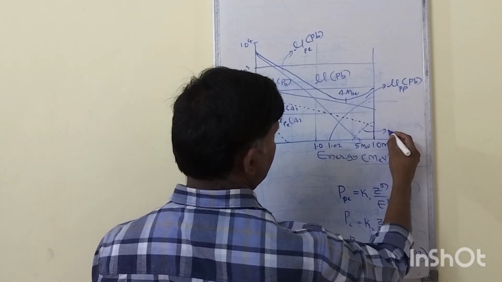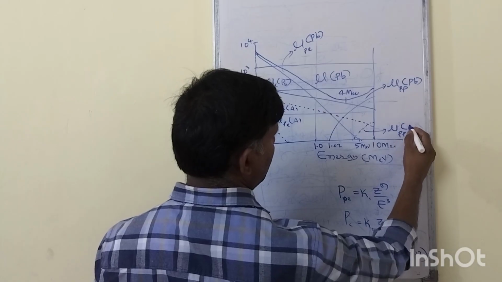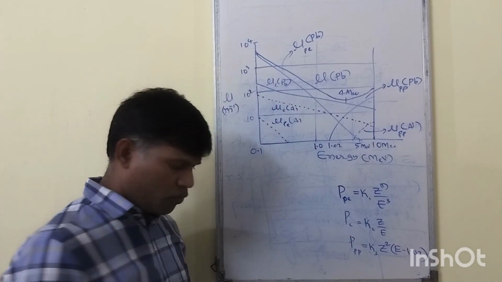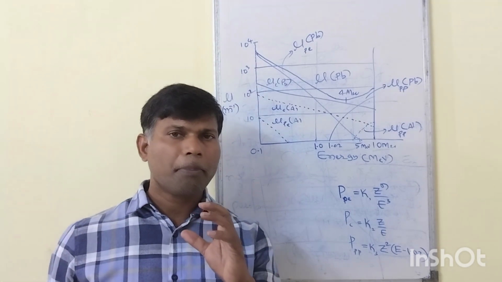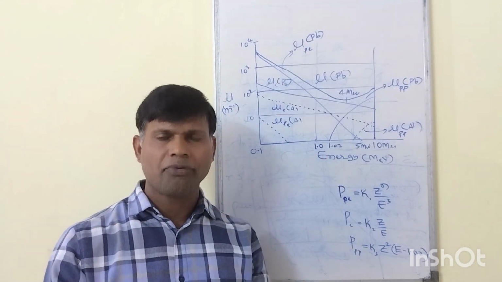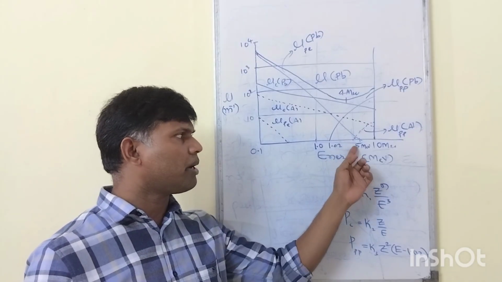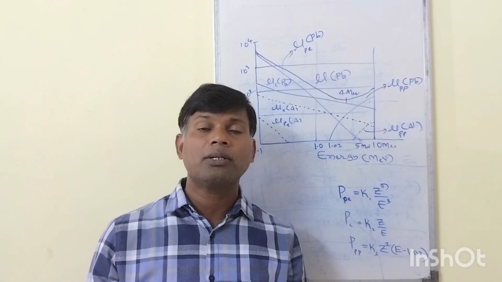This is for pair production for aluminium. For lead, the pair production started just after 1.02, but for aluminium it is taking minimum around near 4 mega electron volt.